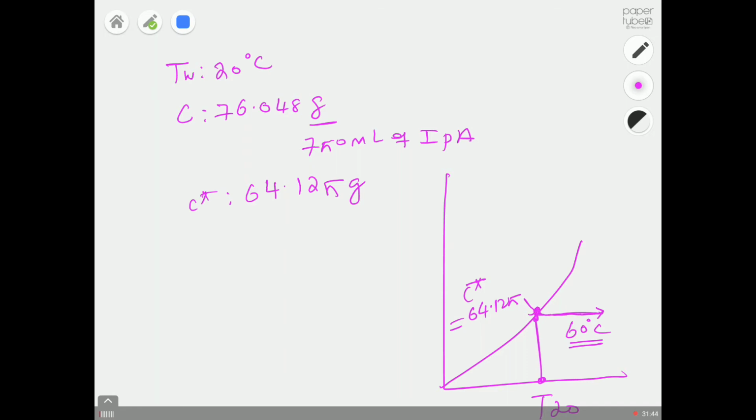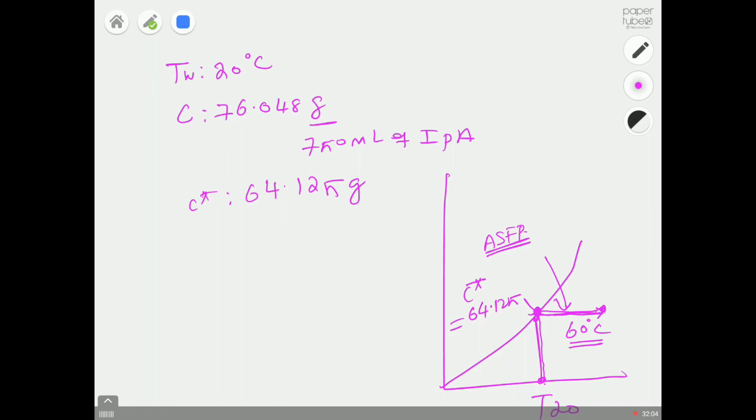Then we came back to 20 degrees centigrade very fast, so no cooling rate, as fast as possible.